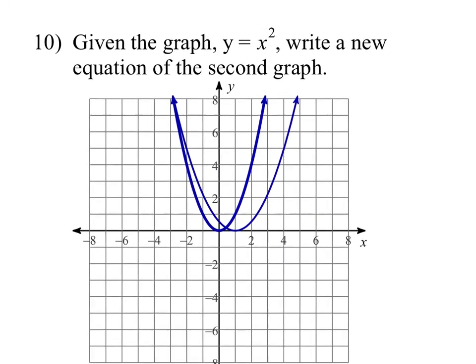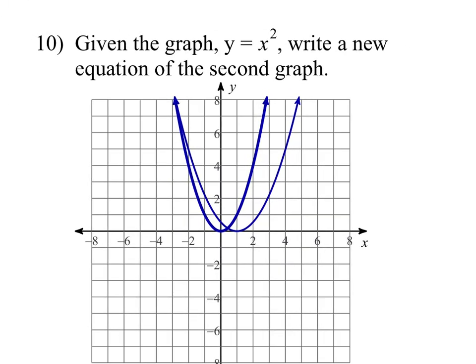And over here, this did get a little wider, so we're going to say it was compressed by 2. All right. Okay, so did it flip? No, so it's going to be positive. It was compressed by a factor of 2.